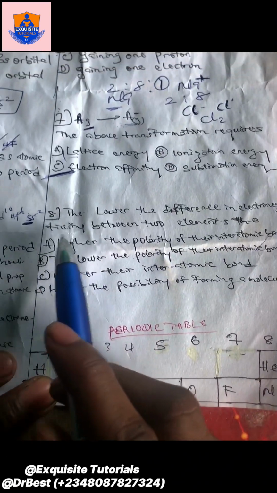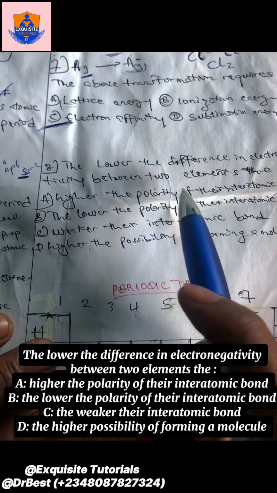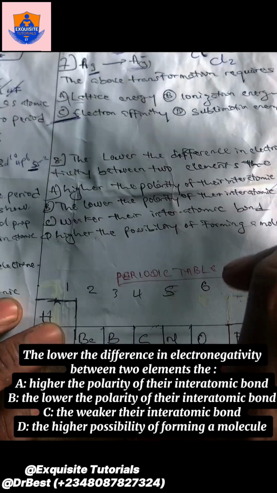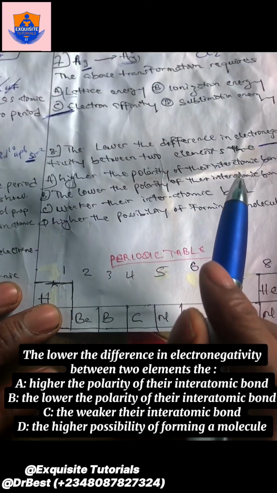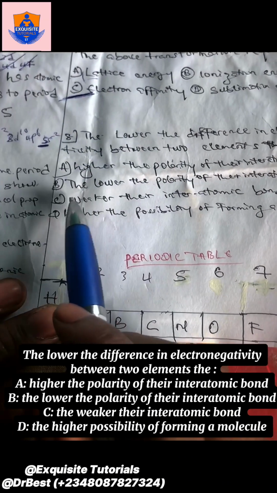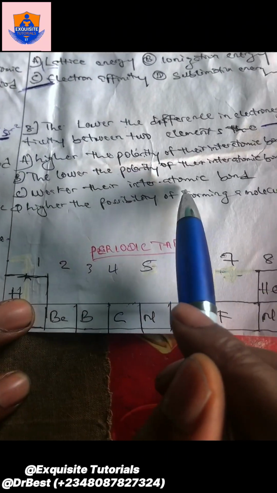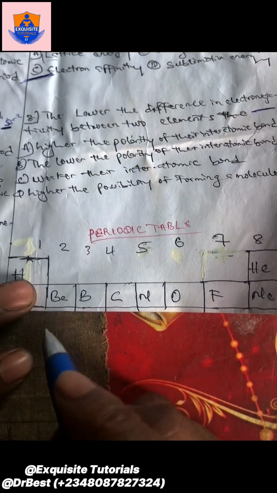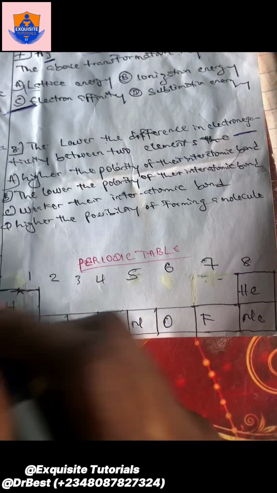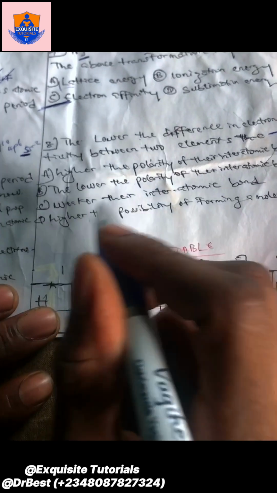The question 8 says, the lower the difference in electronegativity between two elements, the dash. Now we have the higher the polarity of the interatomic bond, the lower the polarity of the interatomic bond, the weaker the interatomic bond, and the higher the possibility of forming a molecule. Okay, now let's talk about electronegativity difference. Electronegativity difference is the difference between two elements.